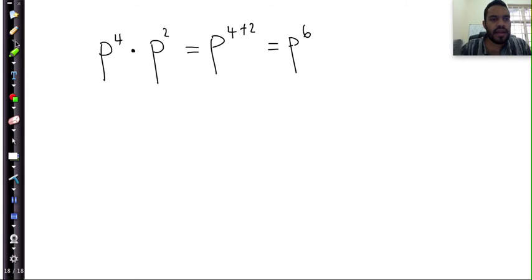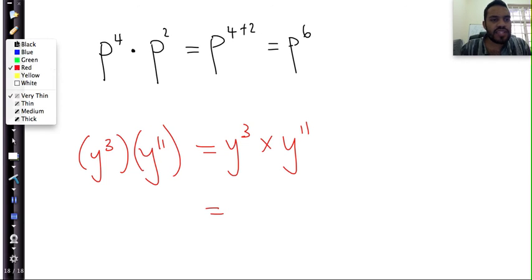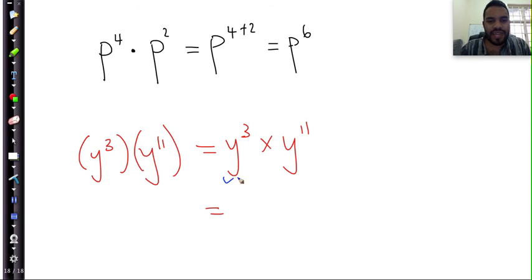Another way of looking at how we multiply things is to say y to the power of 3 bracket y to the power of 11. Now this simply means, again, y to the power of 3 multiplied by y to the power of 11. And as you can see over here, the bases are the same. That's my base, and that over there is also my base.